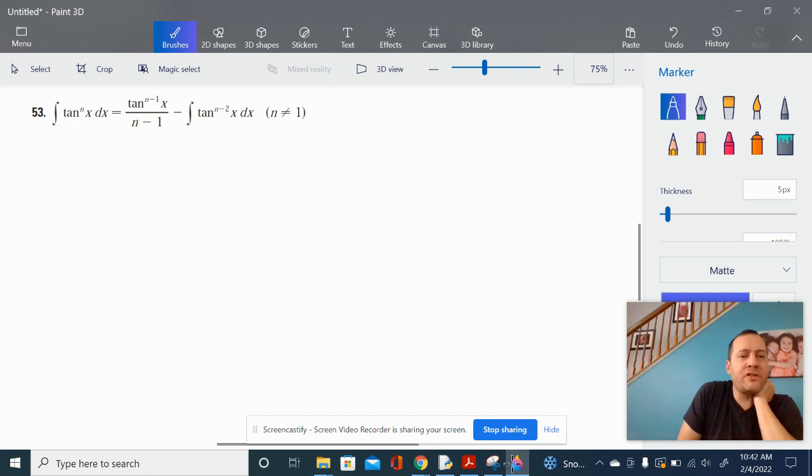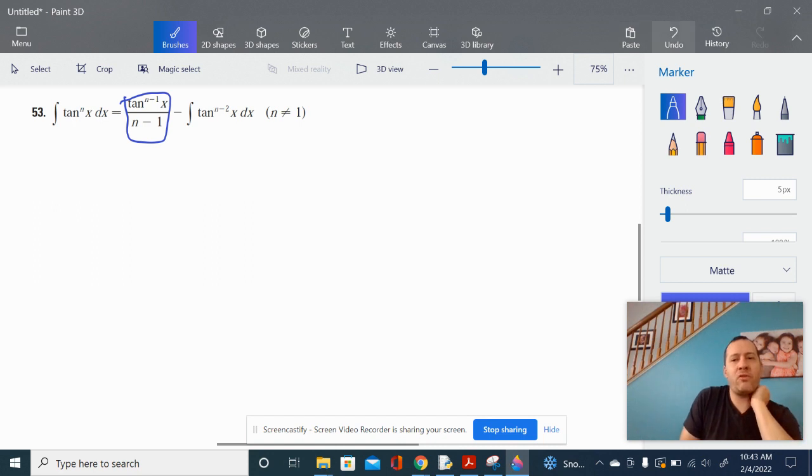One clue as to what to do is when you look at what we're supposed to get to, it sure looks like a power rule from an integral, right? You got something to the n minus 1 power divided by n minus 1. So it looks like I took something to the n minus 2 power and integrated it. If it was just u to the n minus 2, I'd add 1 to the power, get u to the n minus 1 over n minus 1.